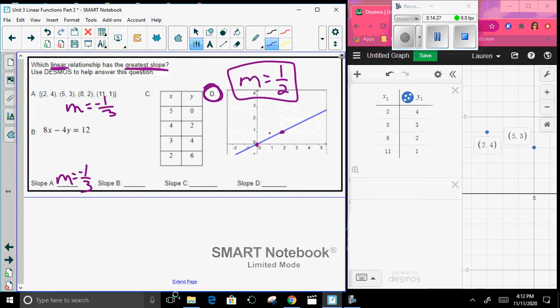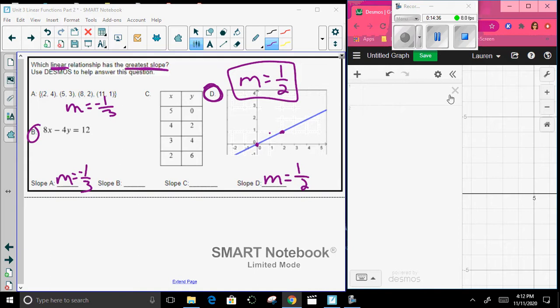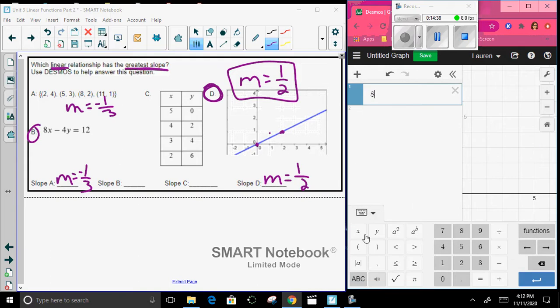We got our slope for D already, so let me put it down here so I can compare. And then I got B and C. So again, let's put B into our calculator. That equation's in standard form. So 8x minus 4y equals 12.